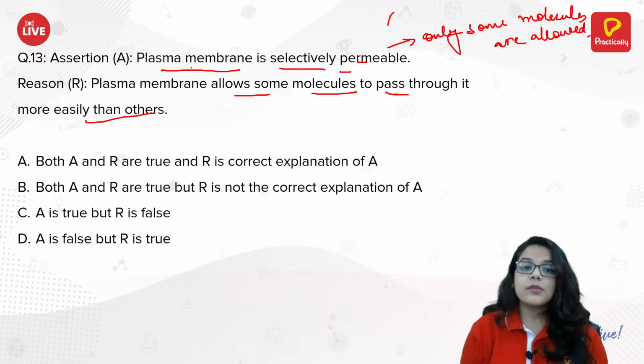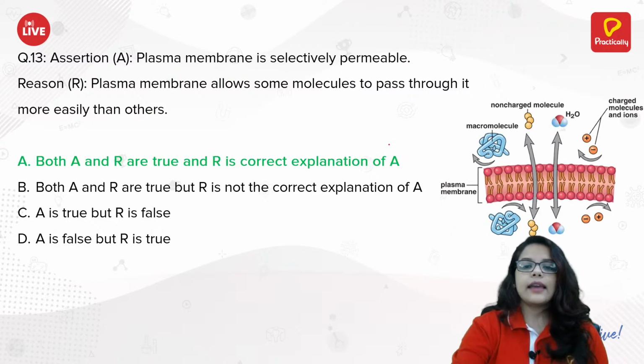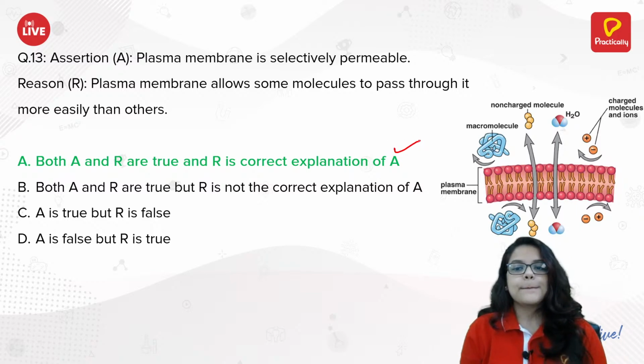And plasma membrane allows some molecules to pass through it more easily than others. So it is A. See, this picture will help you out. So this is plasma membrane, as you can see.